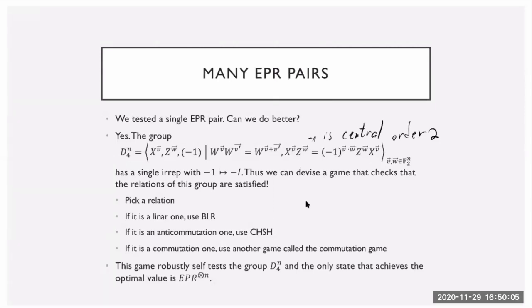But we wanted them to share exponentially many EPR pairs. So the goal at the beginning of the next hour is to use this Gowers-Hatami machinery and force the players to share at least polynomially many EPR pairs. Okay, so this is the slide, and I will talk about it in the second hour.